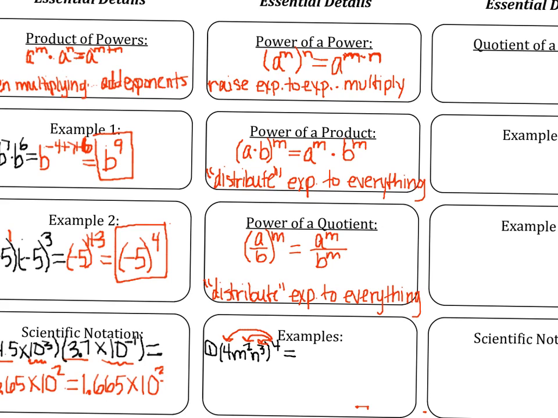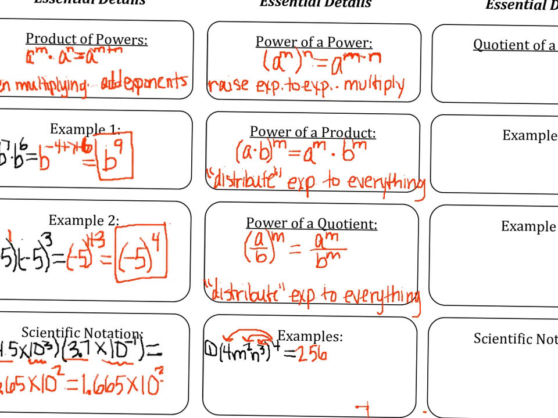So 4 to the 4th power is 256. Then m squared to the 4th power. If we look at our property up here, it tells us if we've got a power with another power, then we multiply them. So m to the second raised to the fourth: 2 times 4 is 8.